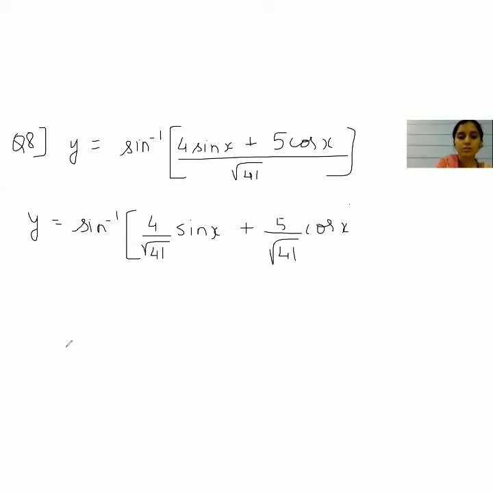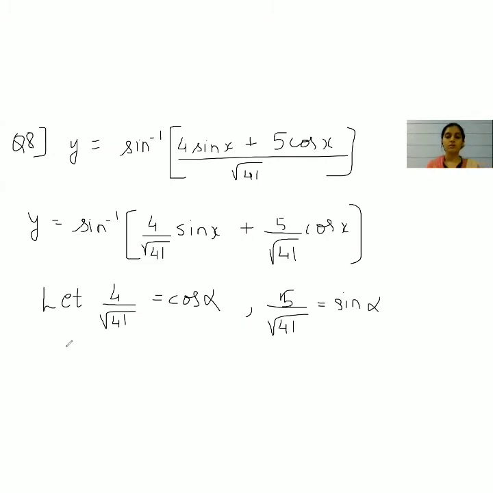Okay. Next step, we say that let 4 upon root of 41 equal cos alpha and 5 upon root of 41 equal sin alpha. Okay, now we are assuming them to be cos alpha and sin alpha, right?